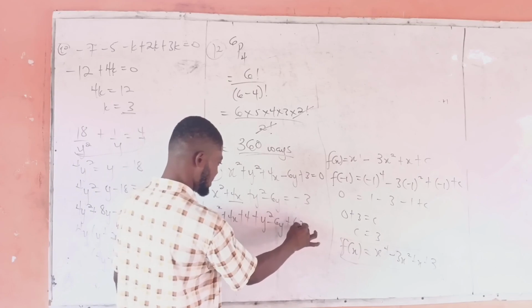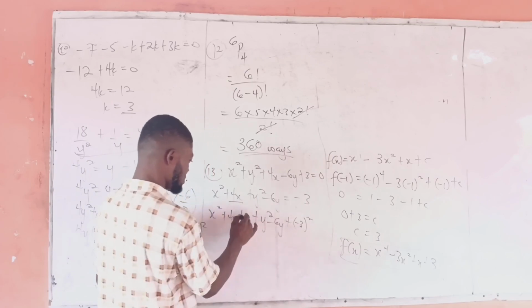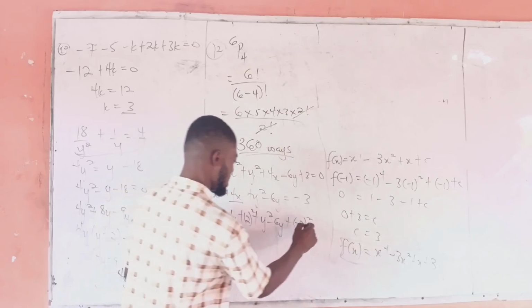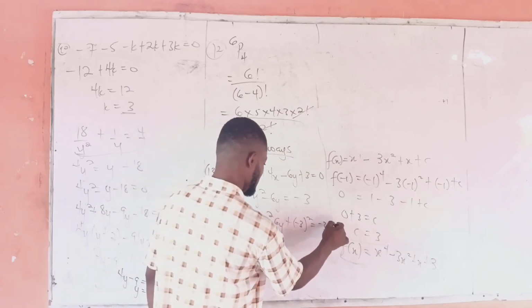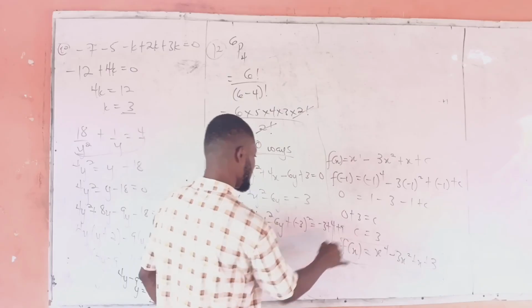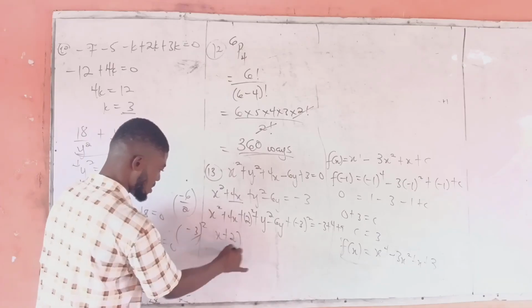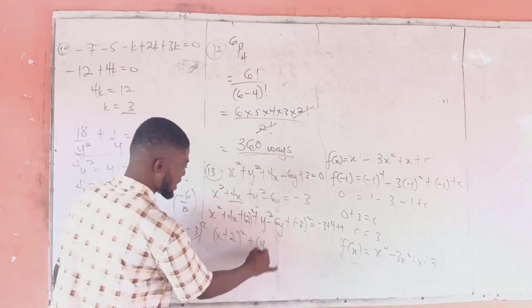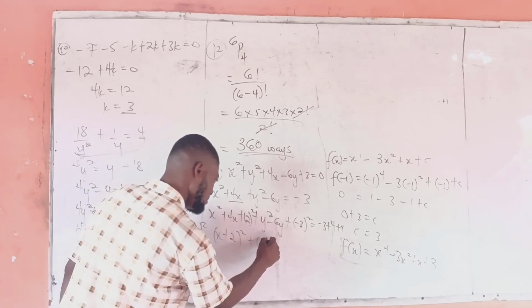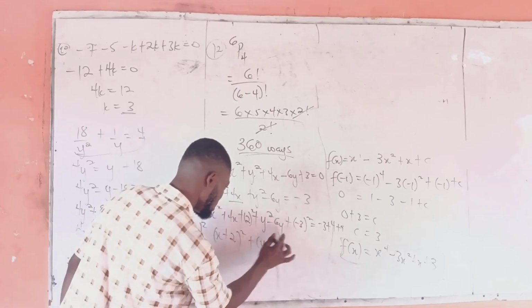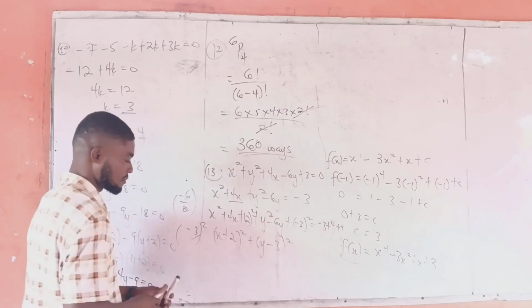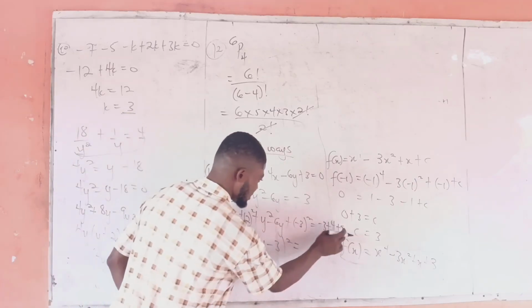So this is going to be minus 3 all squared. This is going to be plus 2 all squared. We add to both sides, plus 4 plus 9. So x plus 2 all squared plus y minus 3 all squared. This is going to give us 10.